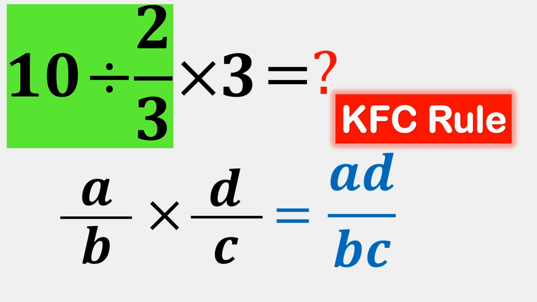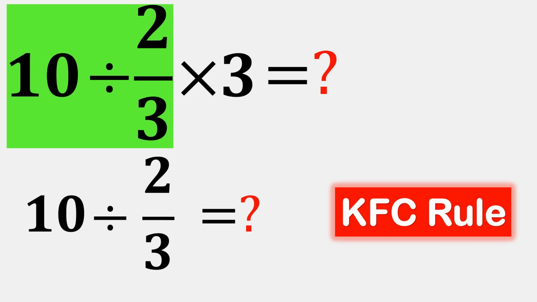Now, let's go back to our problem. 10 divided by 2/3. According to KFC, we just keep the 10. Flip the second fraction to make it 3/2. And finally, change the division to multiplication. The final expression becomes 10 times 3/2. Now, just multiply 10 by 3, which gives us 30, and the denominator stays 2.